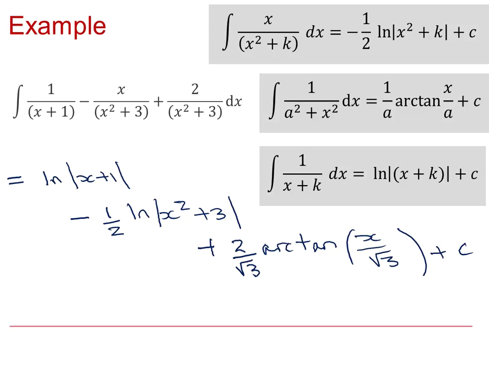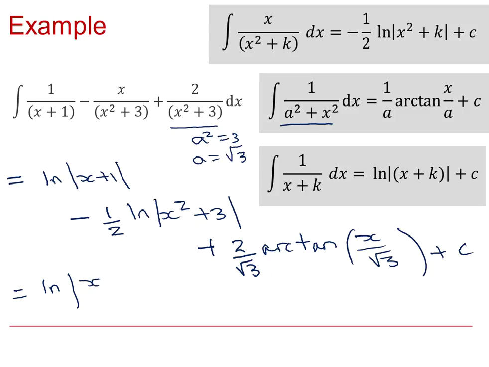If you're wondering about the root 3, it's because I'm using the a squared plus x squared form here, where I have the x squared, and so I'm saying that a squared equals 3, and therefore a must be root 3. I can tidy that up a little bit in terms of the logs.